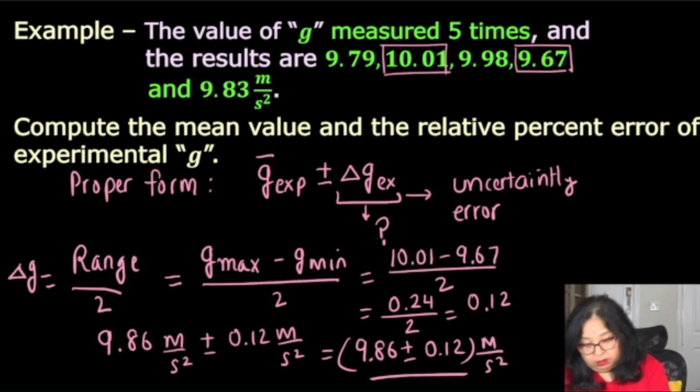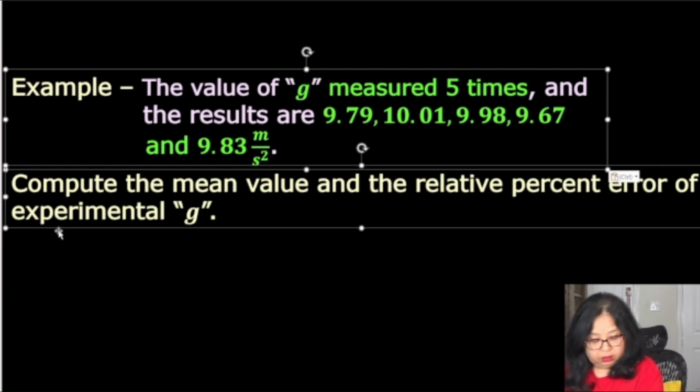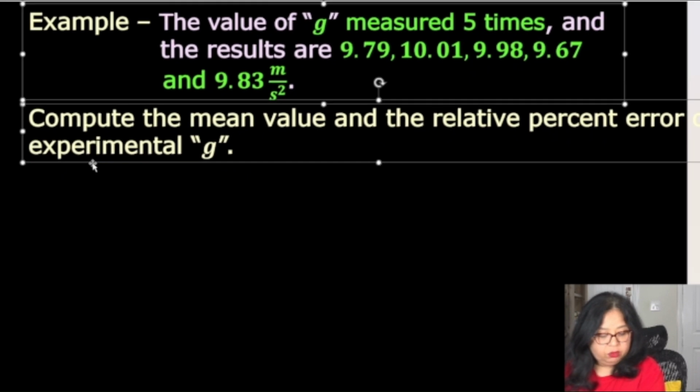There's another method to find the value of G, and then there's another method and another method. There are several methods to find the value of the uncertainty. Let's look at one more method where we find the absolute mean error of the data.